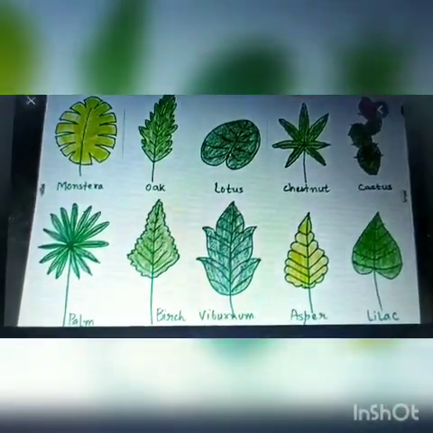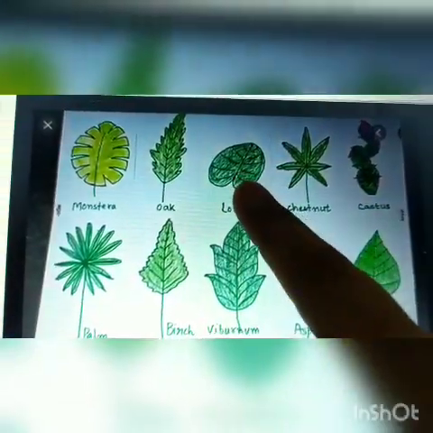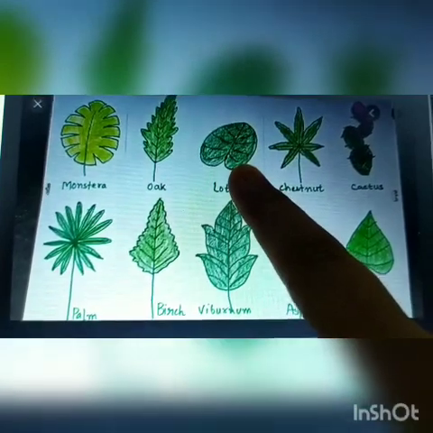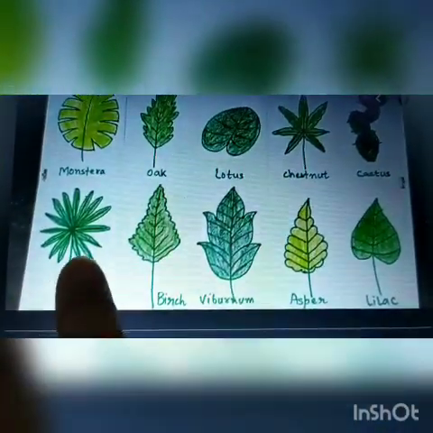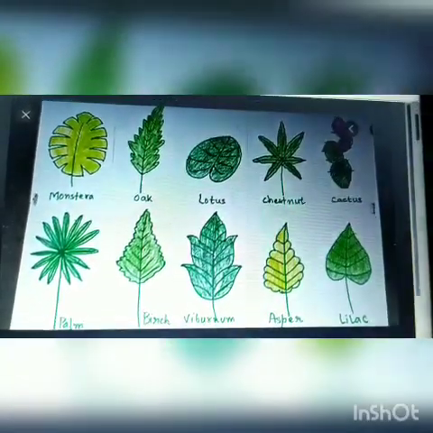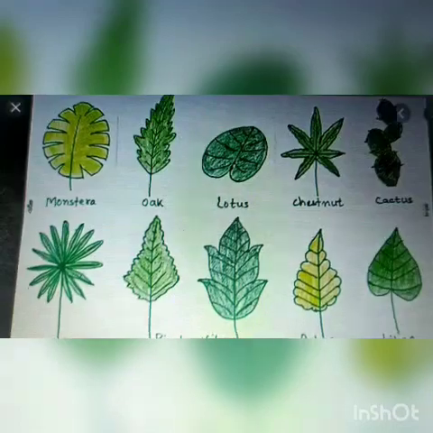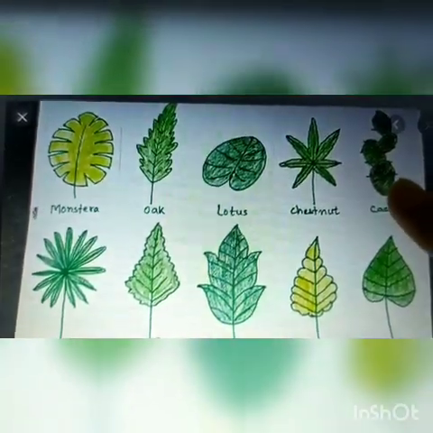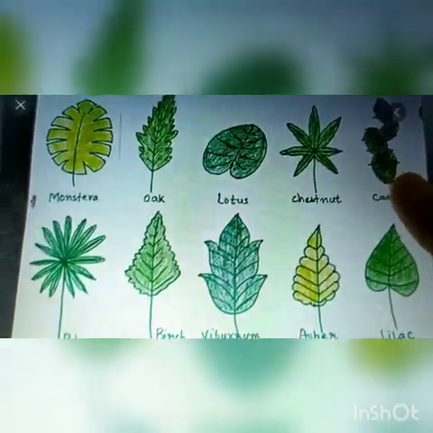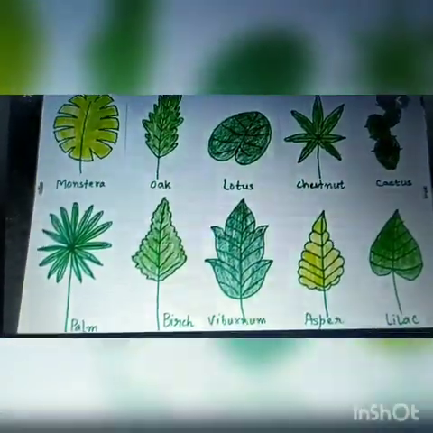Like lotus plant have round shaped leaves and palm tree have shape like this. Okay, cactus have spine like leaves. Okay, so these are the different shapes and sizes of leaves.